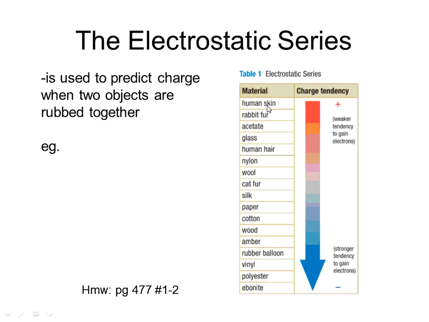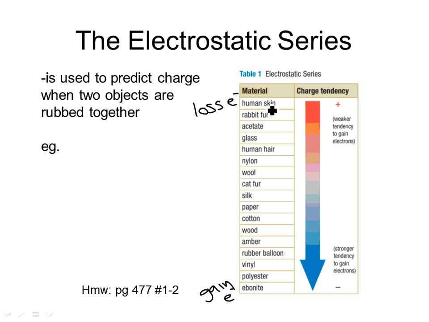Notice that at the top, these guys tend to lose their electrons. These guys result in a loss of electrons, and therefore they become positive. These guys tend to gain electrons and therefore become negative.